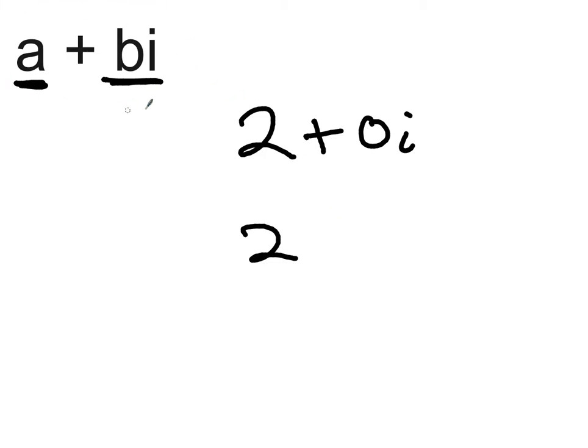So all complex numbers are written in this form. Some of them have a real part and an imaginary part, like you might have 2 plus 3i. This would be a complex number. This is an example of a complex number that is not a real number. If it has this imaginary part that's not a 0 value, then it's an imaginary number. It's not a real number.